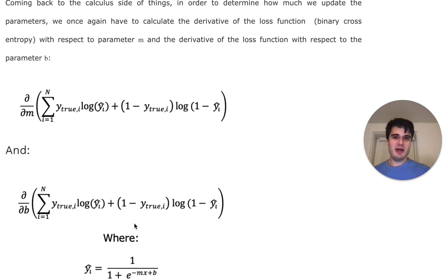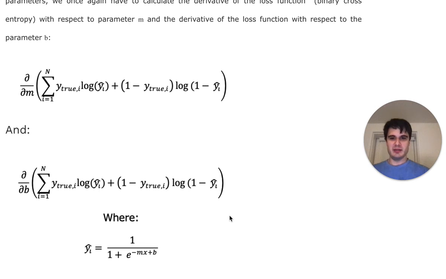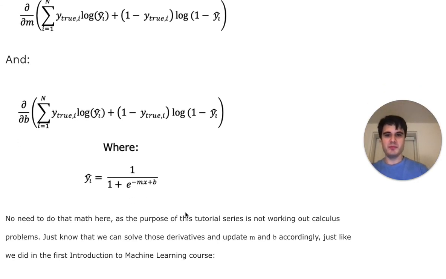Okay, and then if you again review the gradient descent video and blog, essentially the same process is there, except we're working with the partial derivative with respect to m of the binary cross entropy loss and the partial derivative with respect to b of the binary cross entropy loss, where the predicted value is simply this 1 over 1 plus e to the negative (mx plus b) from before.